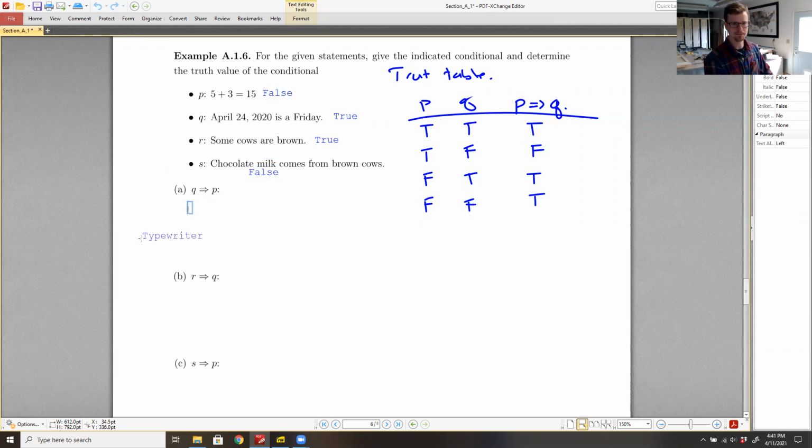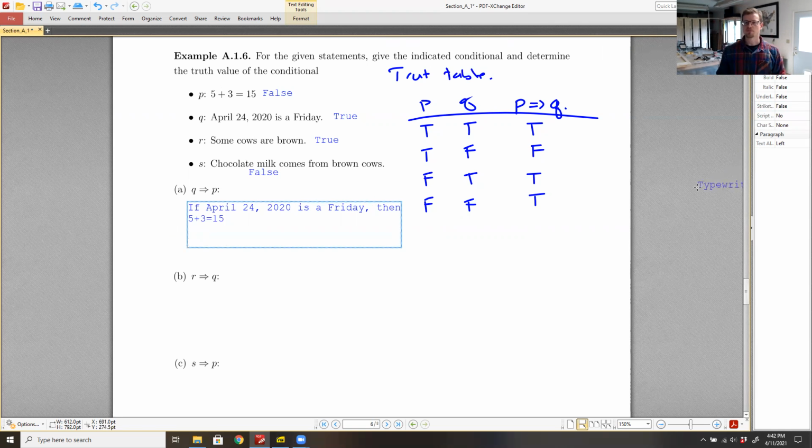Q implies P. All right, so April 24th, right there, if-then statements. So if Q, then P. If April 24th, 2020 is a Friday, then 5 plus 3 is equal to 15.